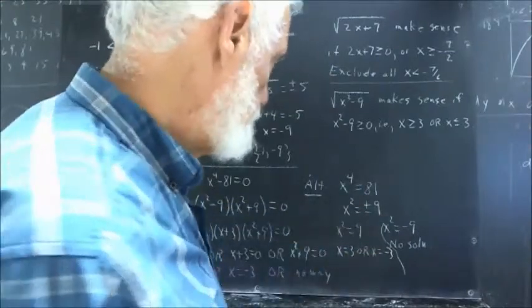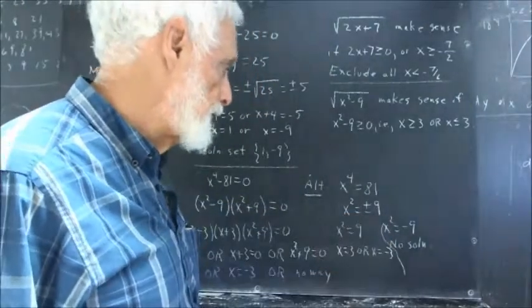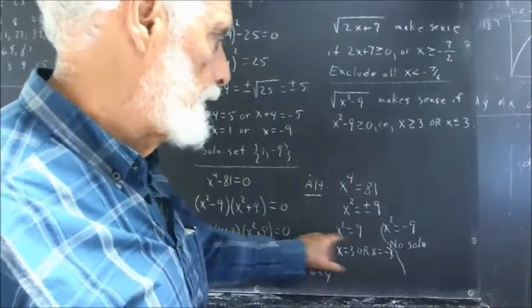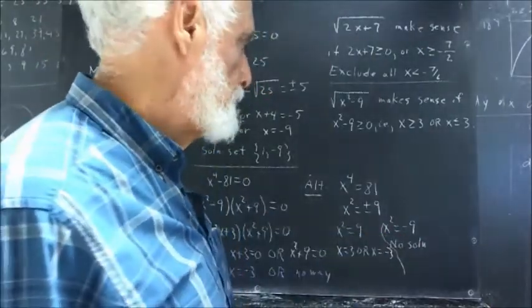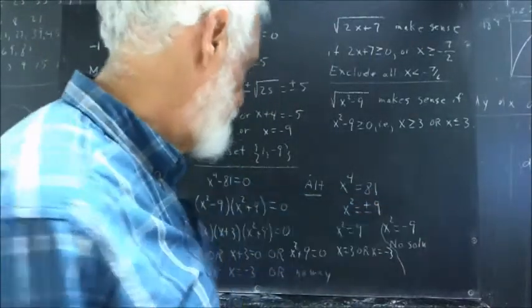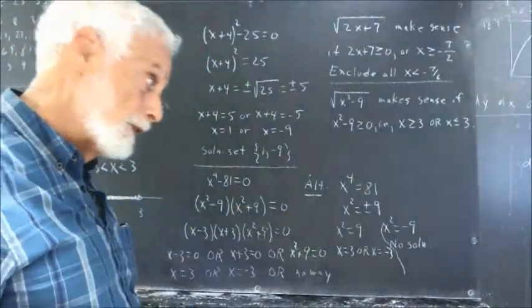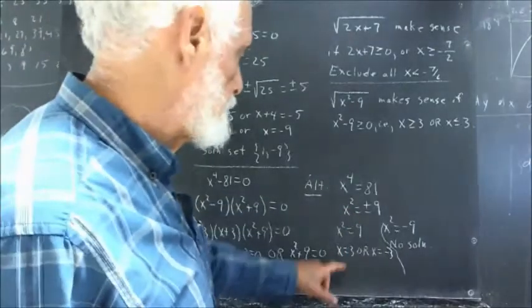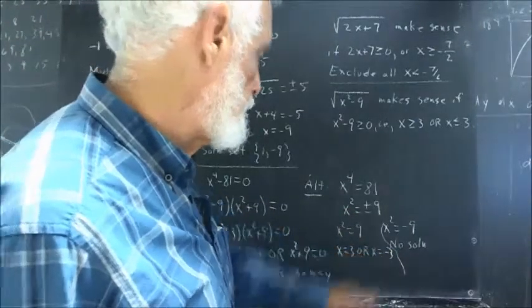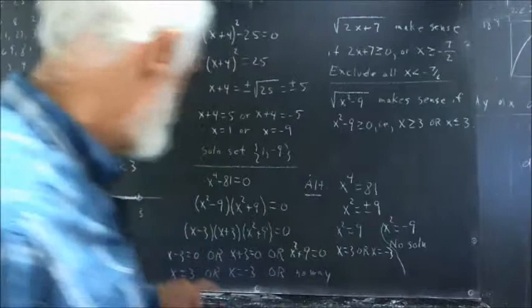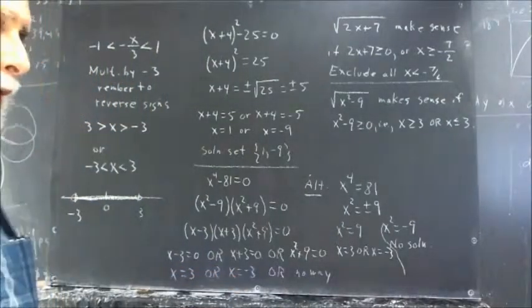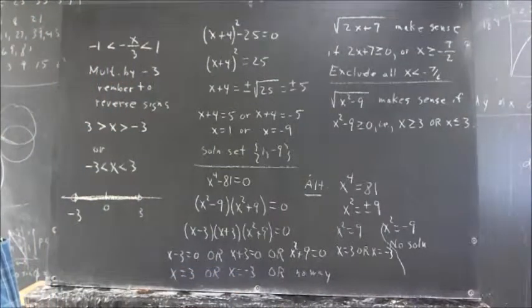And if x squared is plus or minus 9, then x squared is 9 or x squared is -9. Well, x squared can't be -9 any more than x squared plus 9 can be 0. x squared can't be negative. x squared equals 9 gives us x equals 3 or x equals -3. So again, we have solution set x equals 3 or x equals negative 3.